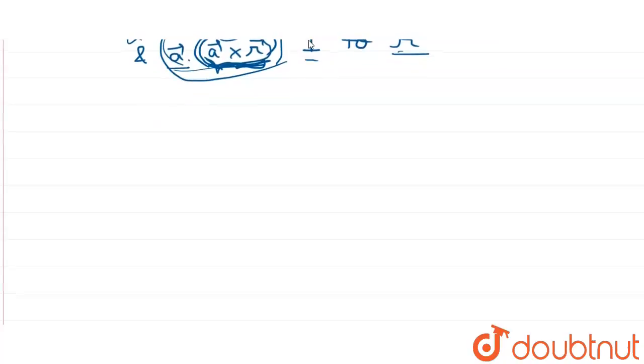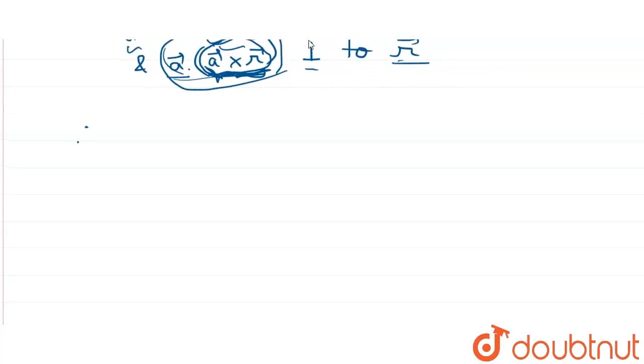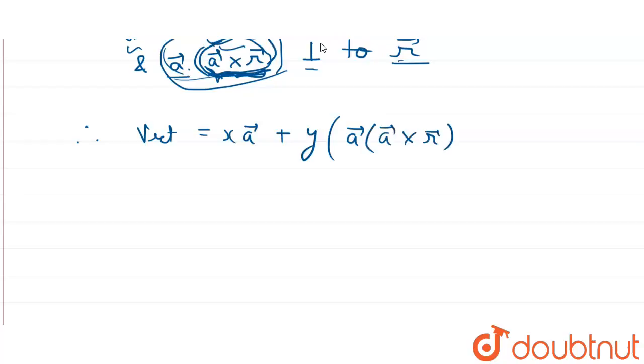Now see, what we can write: our resultant vector, let's say, equals x a vector plus y, a vector cross r vector, where x and y are scalars.